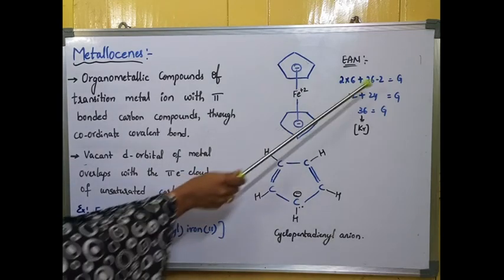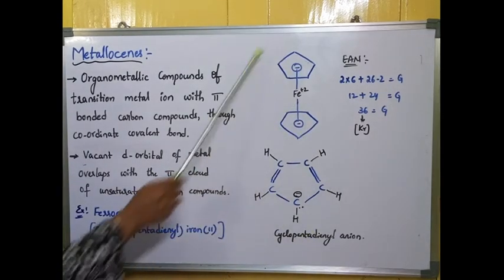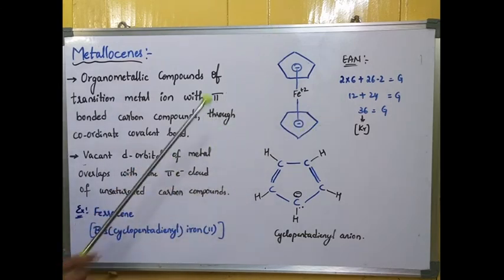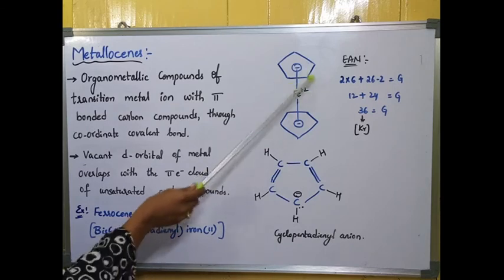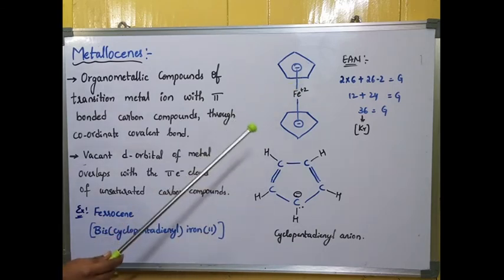Now we can calculate the EAN rule for the structure of ferrocene. By adding the pi electrons in the rings and the electrons present in the metal, we can calculate the EAN.